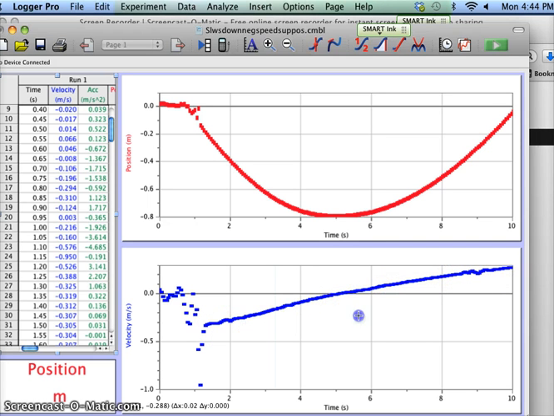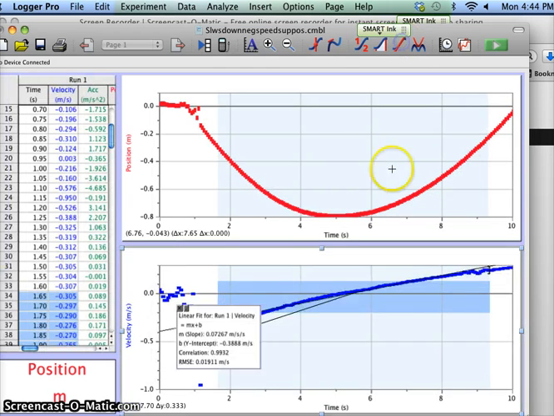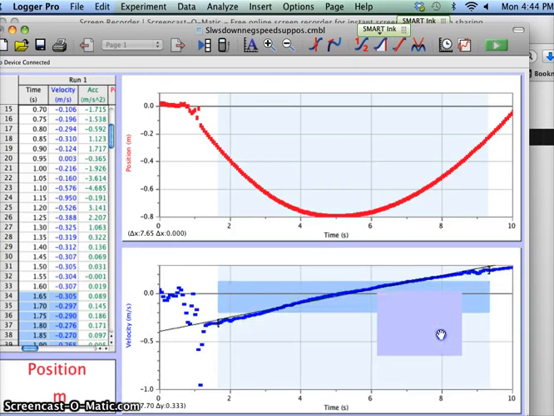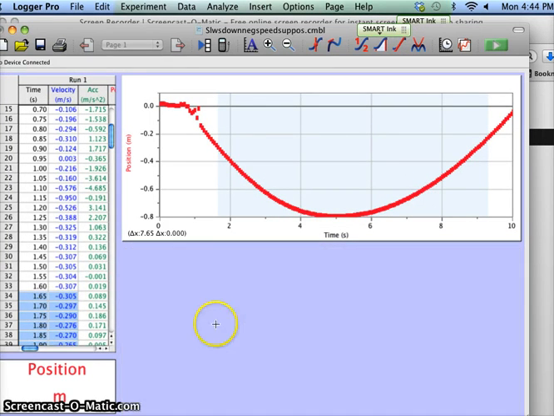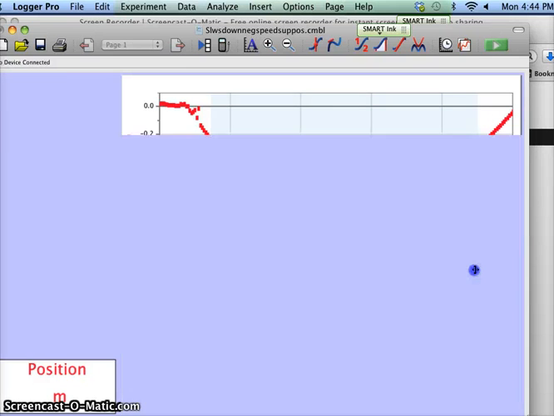And we can take the slope of our velocity graph. That will give us an equation representing the velocity of the car at different moments in time.